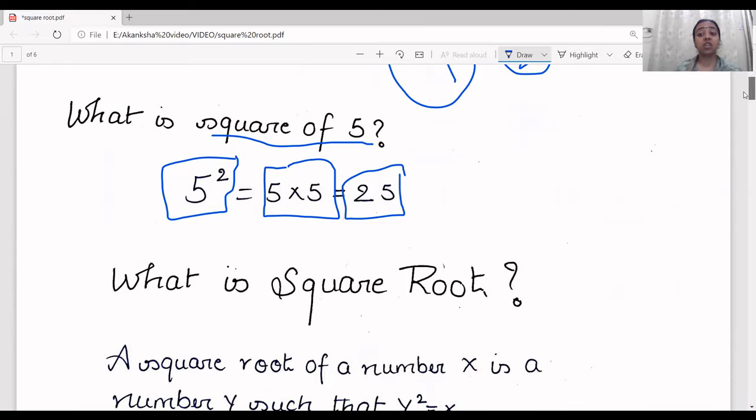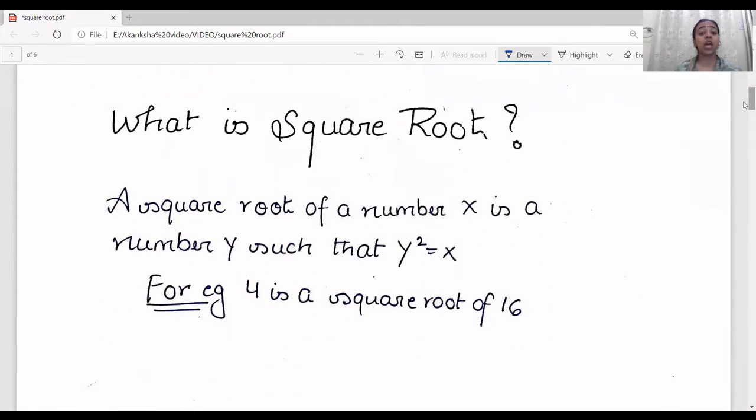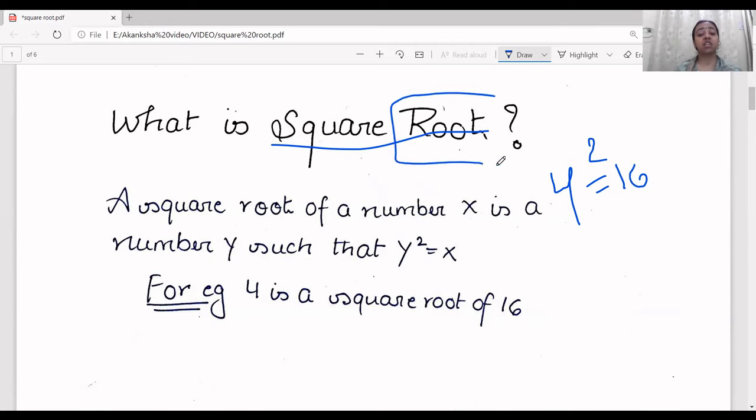Now, moving ahead to how you find square roots. Up till now, we have discussed what a square is. When I say square of 4, it is written as 4 to the power 2, and the answer is 16. Now, when the word root is attached to square, it goes in reverse. The square root of 16 is going to be 4.